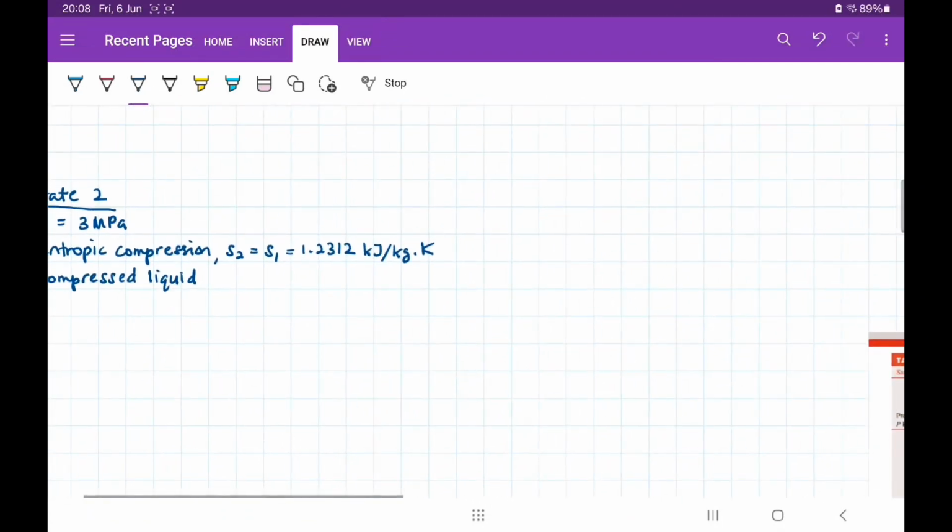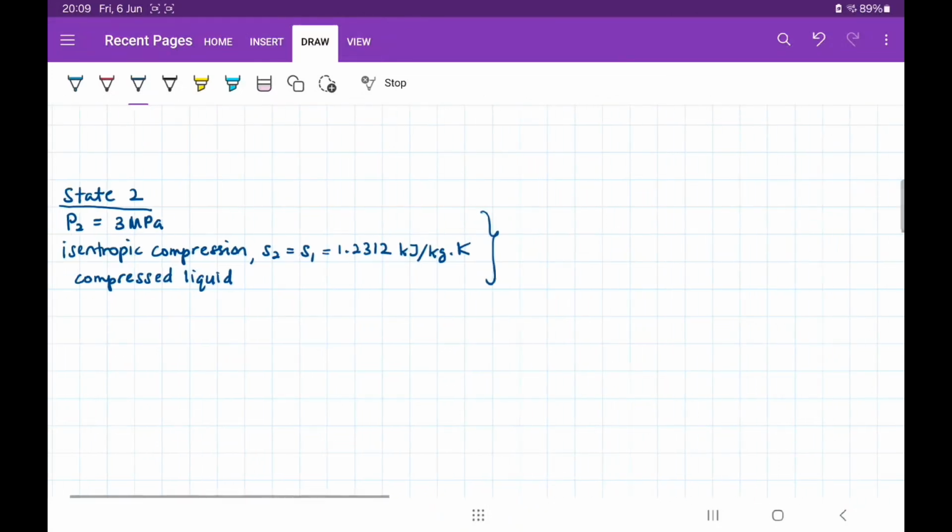Okay, when we have a compressed liquid, I hope you remember, for us to find the property of our compressed liquid, for example the specific volume, the enthalpy, or the entropy, for example here you want to find entropy.